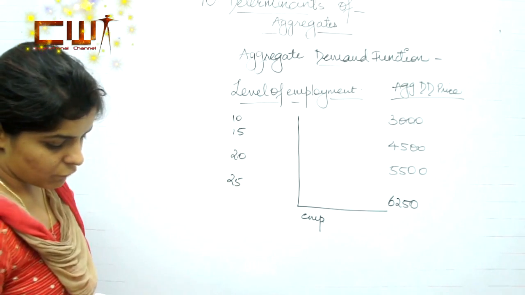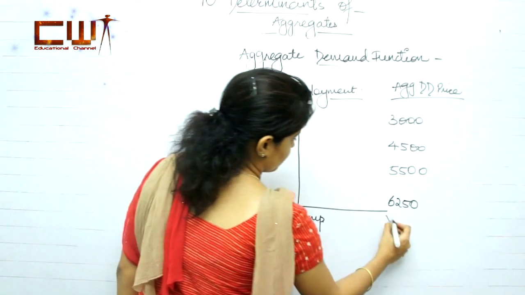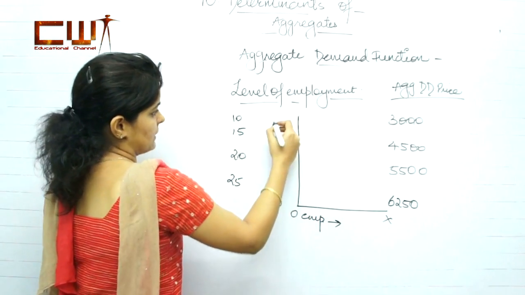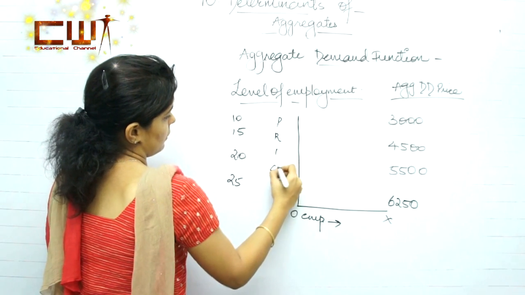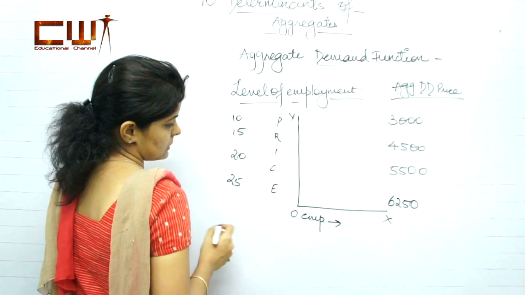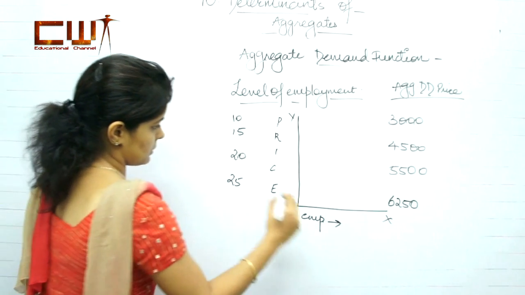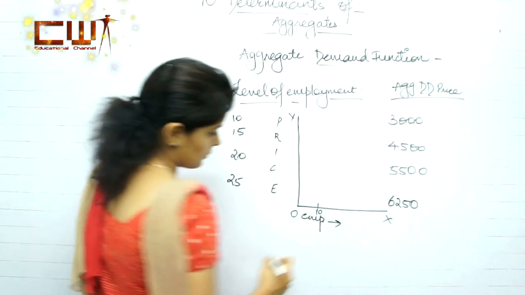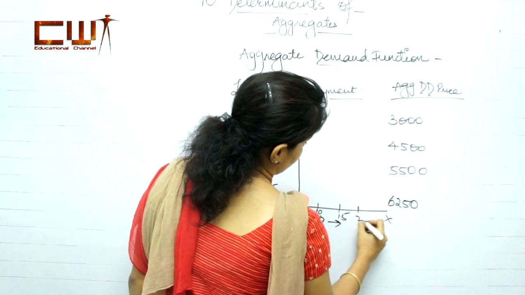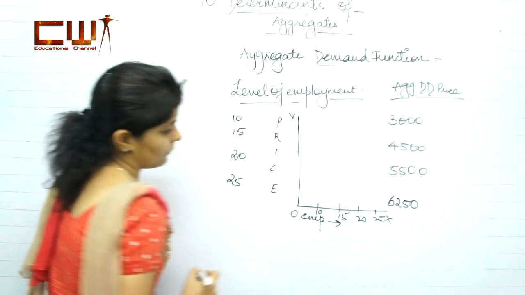Employment you will always have on the OX axis, and demand price you will have on the OY axis. Alright, so this is O. How much is it? 10, right? 15, 20 and 25.